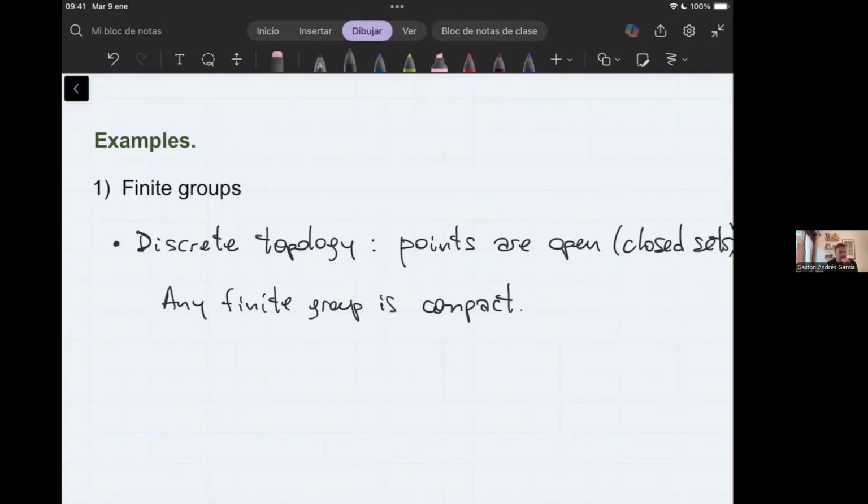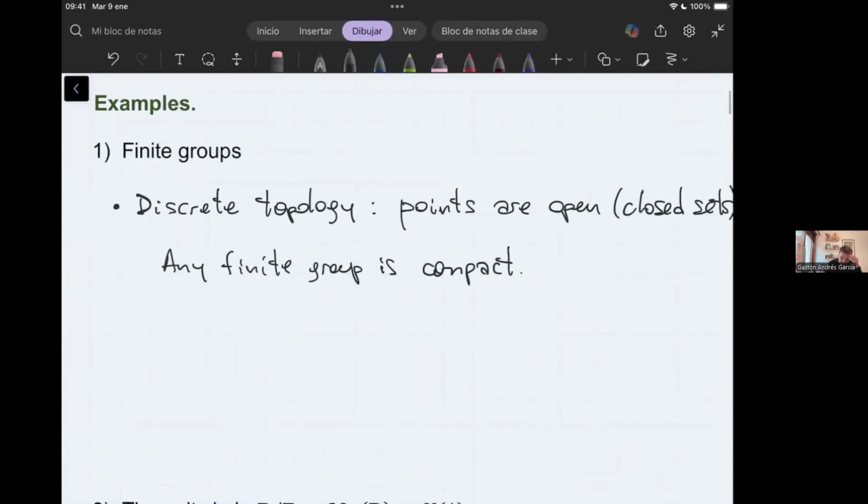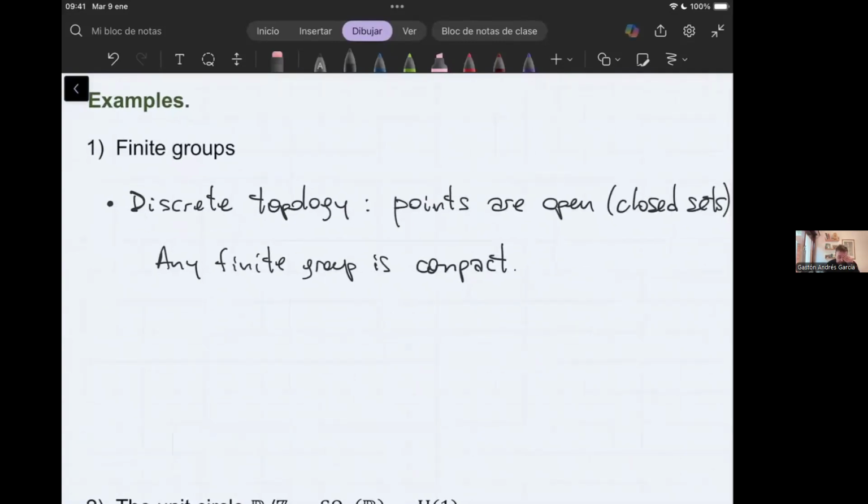As everything is clear, because we are working with the discrete topology, the product and the inverse are continuous maps, okay? So we can leave this as an example. So you start by playing with this very easy example.